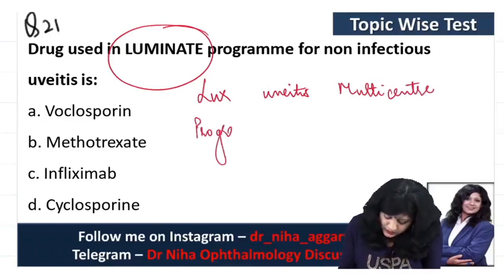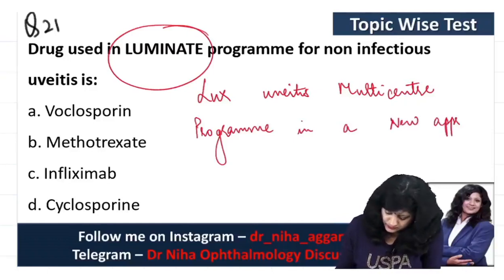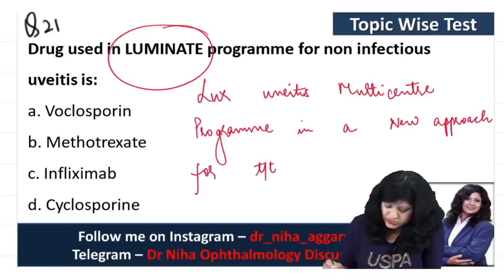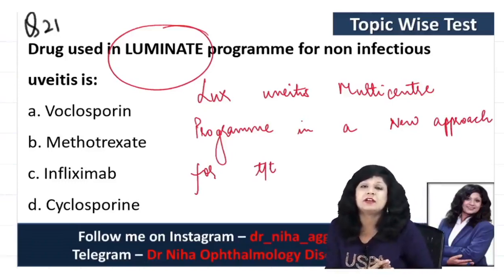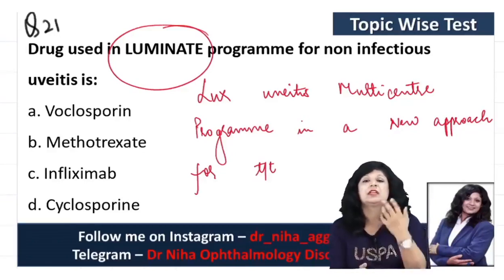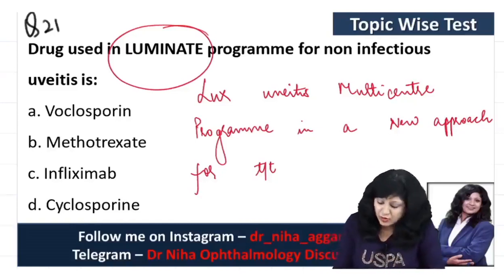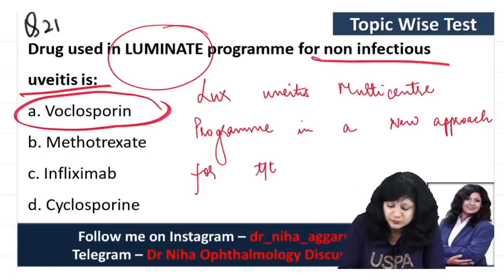This question was once asked in the AIIMS. There the full form was the Lux uveitis multi-center program in a new approach for the treatment of the non-infectious uveitis, and the drug they used was the voclosporin.